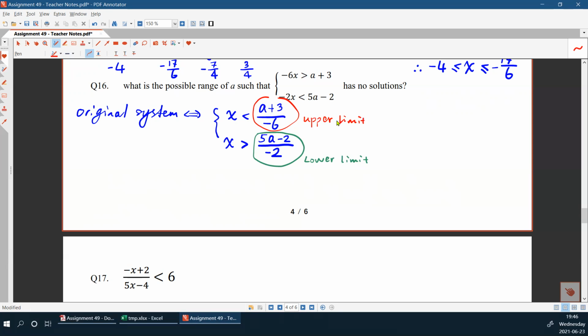So can you imagine under what circumstance there is no solution for x? Of course, we can draw a number axis to help us analyze this, okay? If the upper limit is here, and lower limit is here.